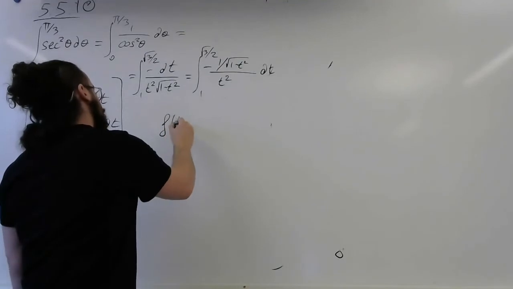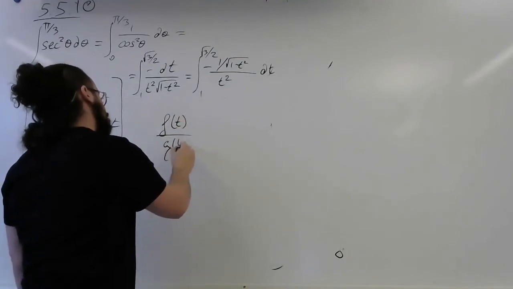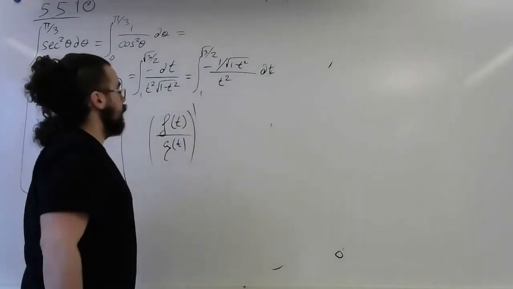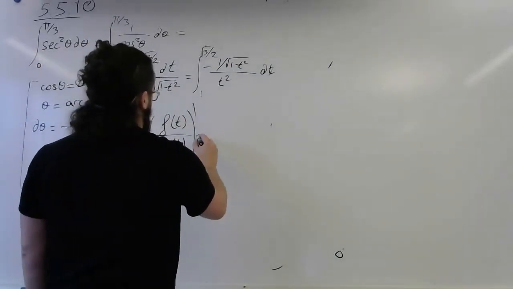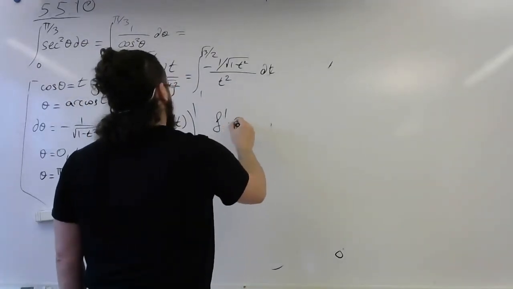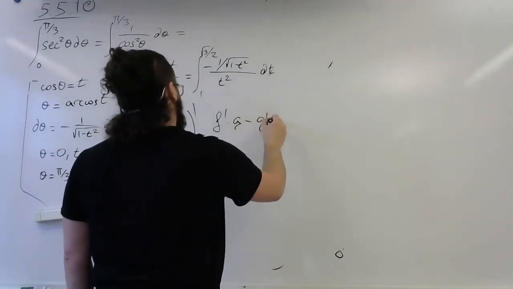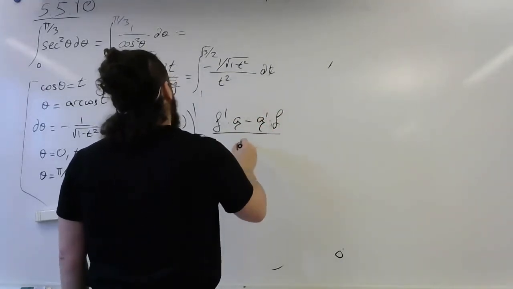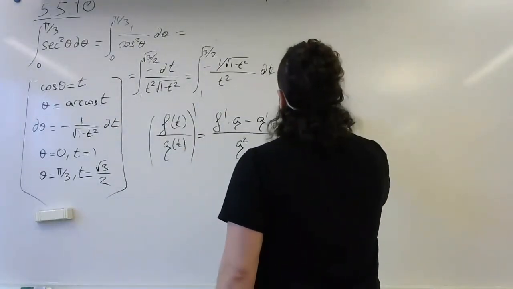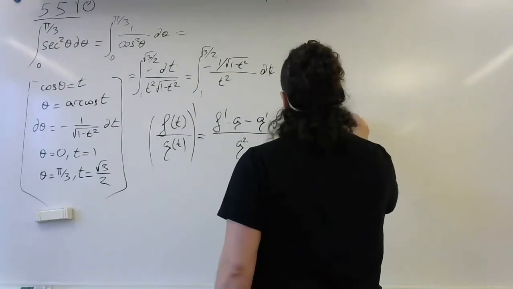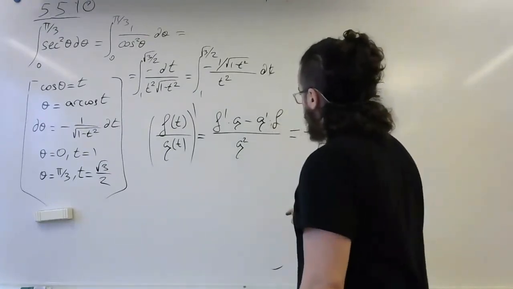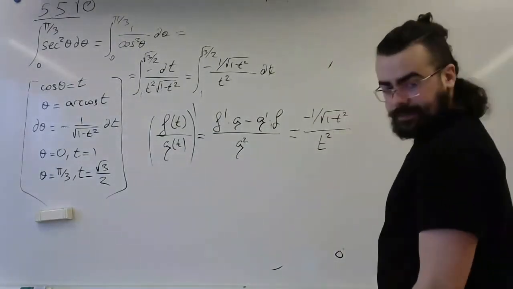We look for a function f divided by g, and we know that its derivative, which is equal to f prime times g minus g prime times f divided by g squared, is this.